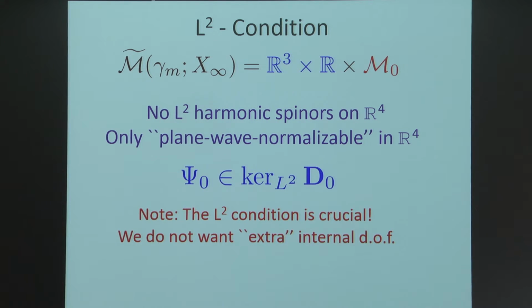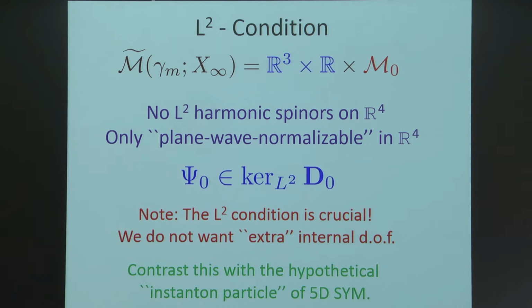And please contrast that with the hypothetical instanton particle of 5D super Yang-Mills, where we don't have that potential in the superquantum mechanics, and we have these vexing plane waves and the scale modulus, and nobody quite knows what to do with that, as far as I'm aware. But here we have that potential, so let's use it.